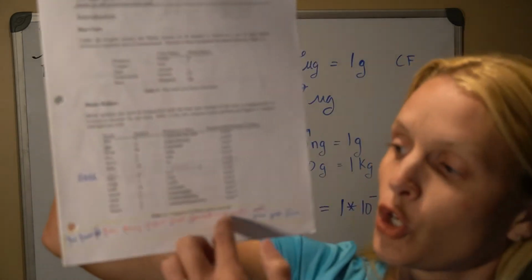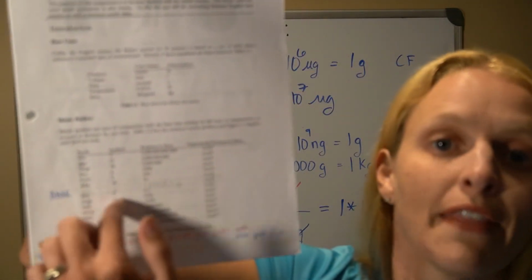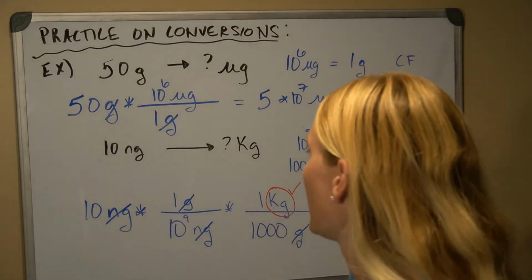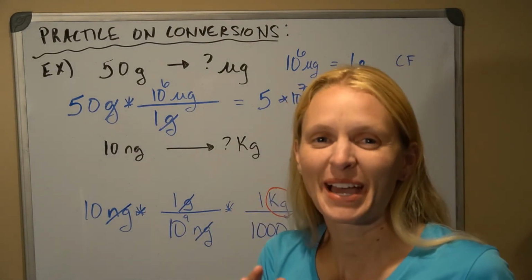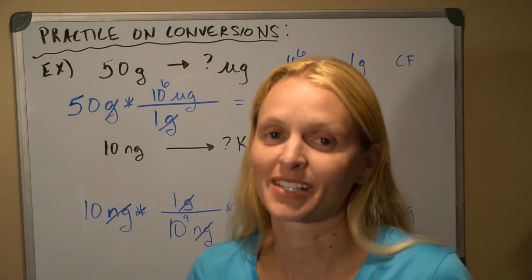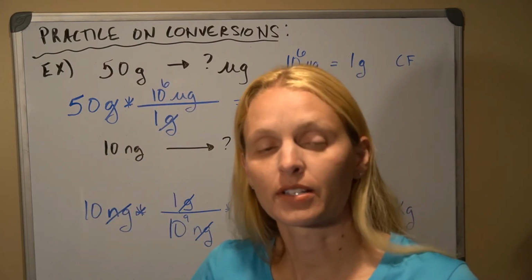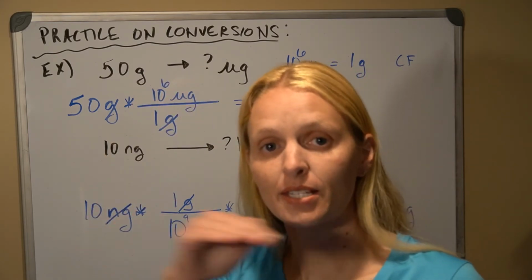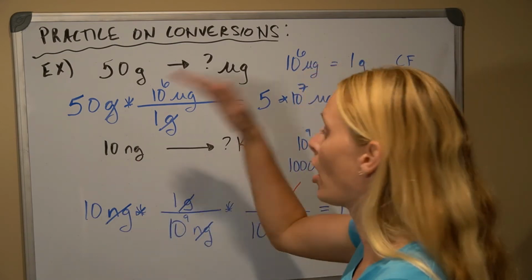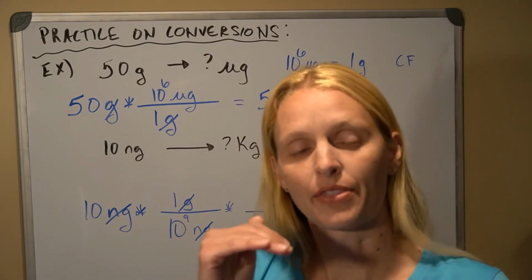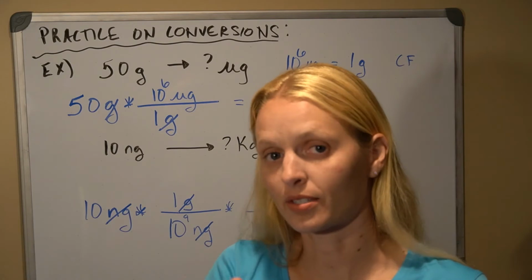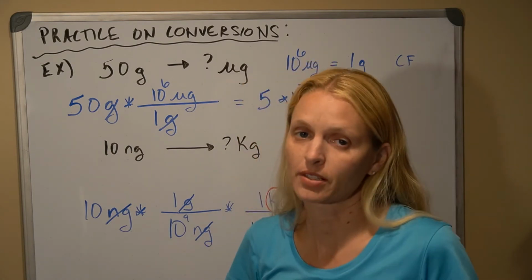All right, and so we're going to be crossing over that base unit, and it's always best, I always do it myself, anytime you're crossing a prefix going across to the base part of the prefix table, I always stop at the base unit before I cross over to the other prefix.